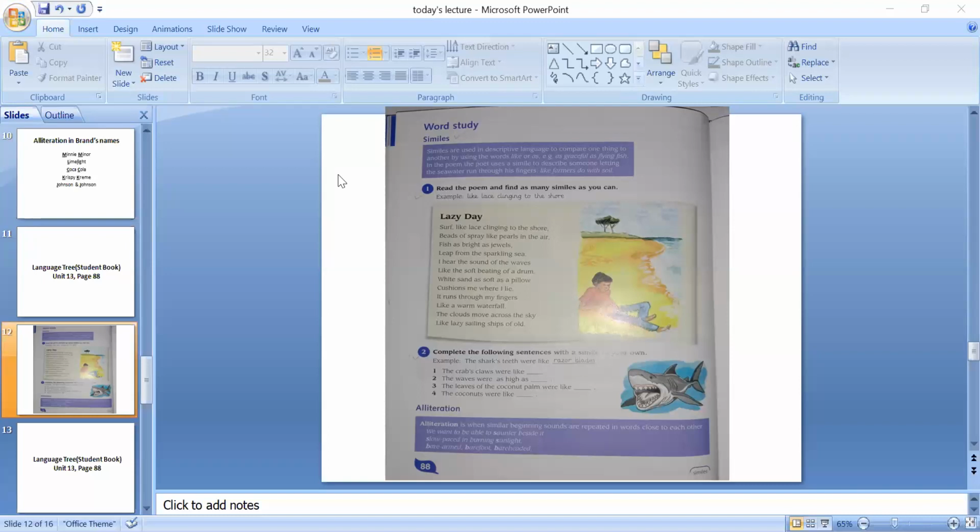The crab's claws were like a pair of scissors. Yashad, beta, please write it. Yashad, I'm watching you. Please write the simile in the first blank. The crab's claws were like a pair of scissors.